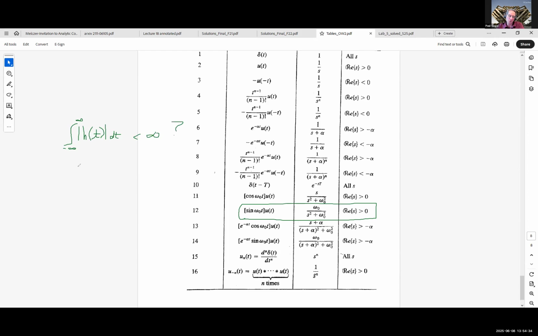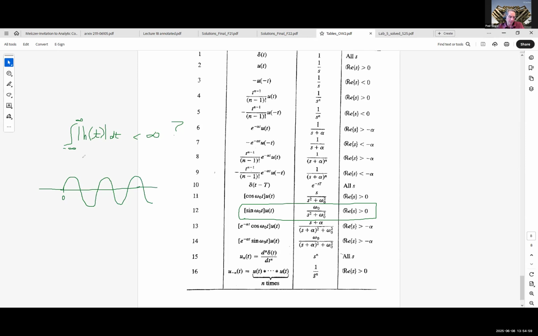If I take the integral of this one-sided sinusoid, here's 0. So it's 0 to the left of 0. But then the sinusoid looks like this, and it just goes on forever.